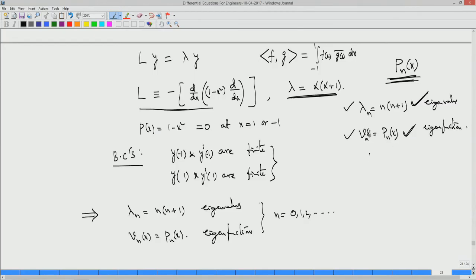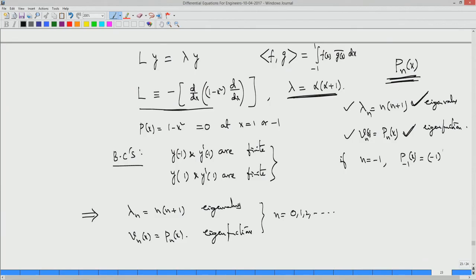What happens if I take n equal to -1? I still have P -1 of x, which is also a polynomial. What is this actually?